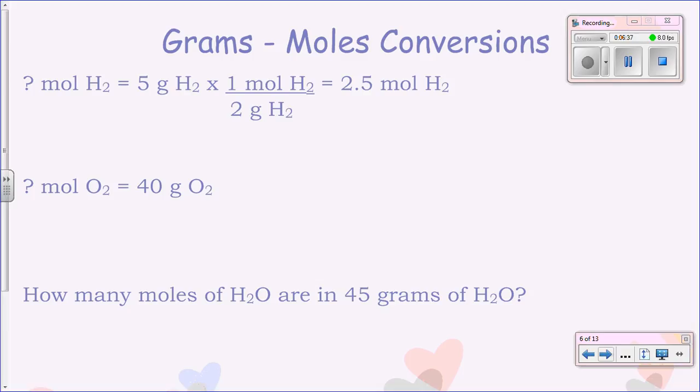So first off, this is what we're trying to find. How many moles of hydrogen? And this is what we are given. We are given 5 grams of diatomic hydrogen.